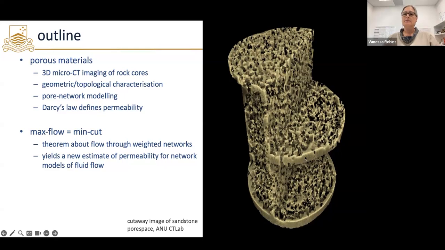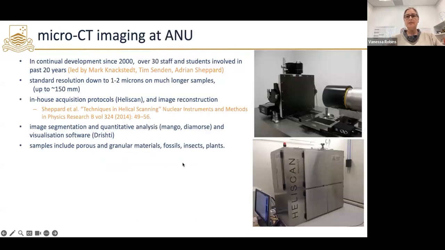The stuff that looks a kind of gold color is actually the pores where the fluid would sit. This micro CT facility has been running and developed since 2000. It was led by Mark Knackstedt and Tim Senden, and Adrian Sheppard was, I think, leading a lot of the early numerical implementations for this stuff.